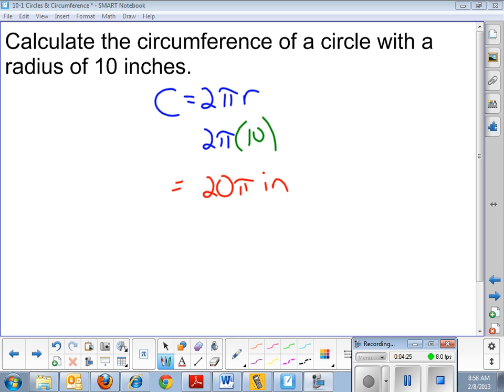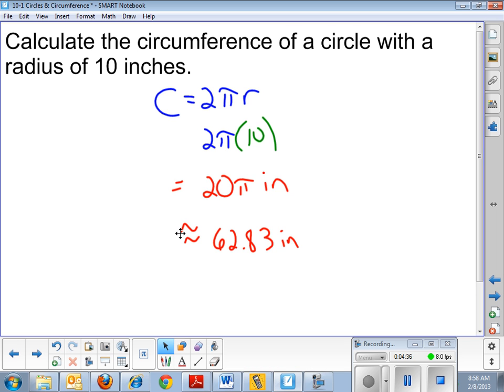Now if we go to the approximate value and type it in on our calculator, we're going to end up with approximately 62.83 inches. Now remember, I use the pi button on my calculator and not just 3.14. So depending on what it asks for, what form of pi, use the correct form and you'll get your correct answer.